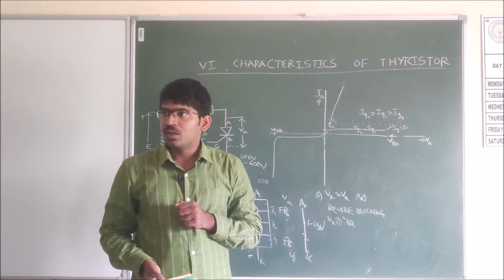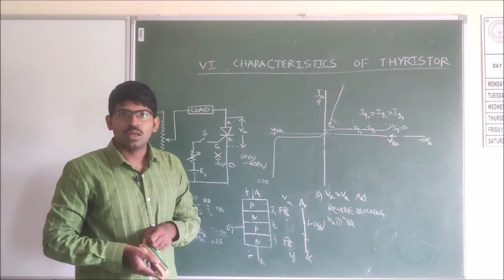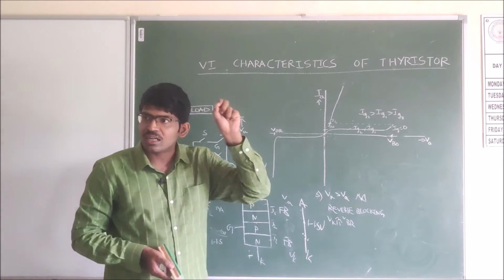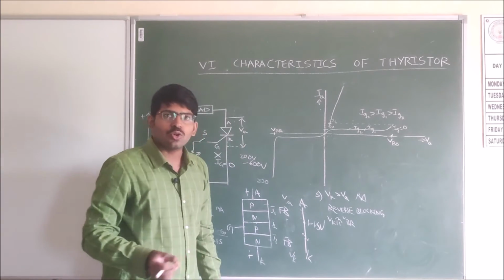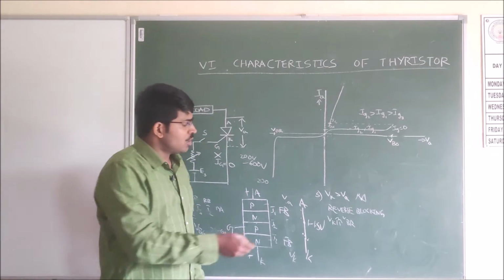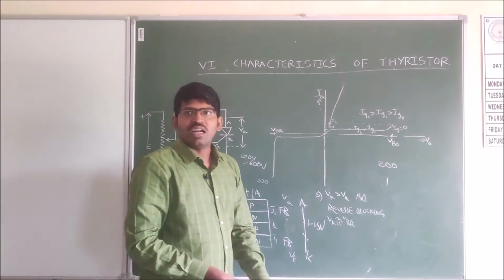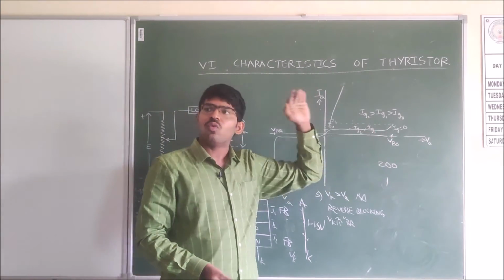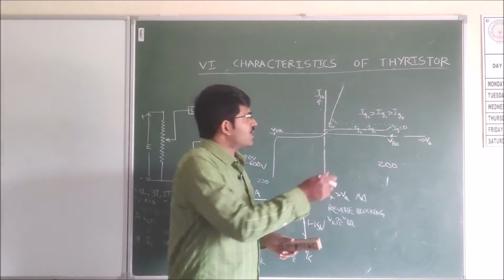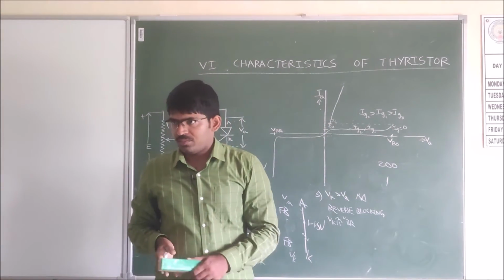So after we give 200 volts, suddenly the thyristor turns on and the voltage between the anode and cathode drops to 1 volt. So it is not dropping from 200 to 199, it is dropping from 200 to 1 volt. That's why we have shown that drop with the dashed line.